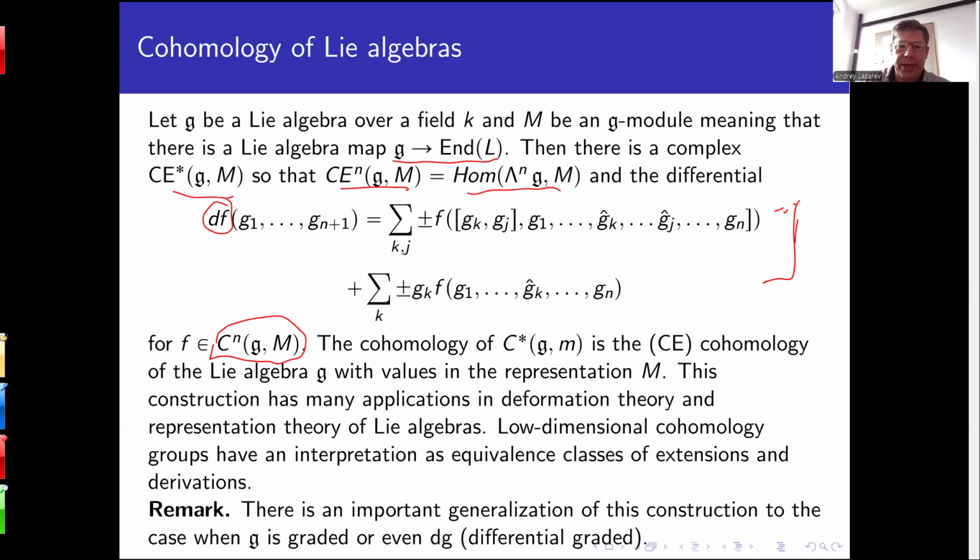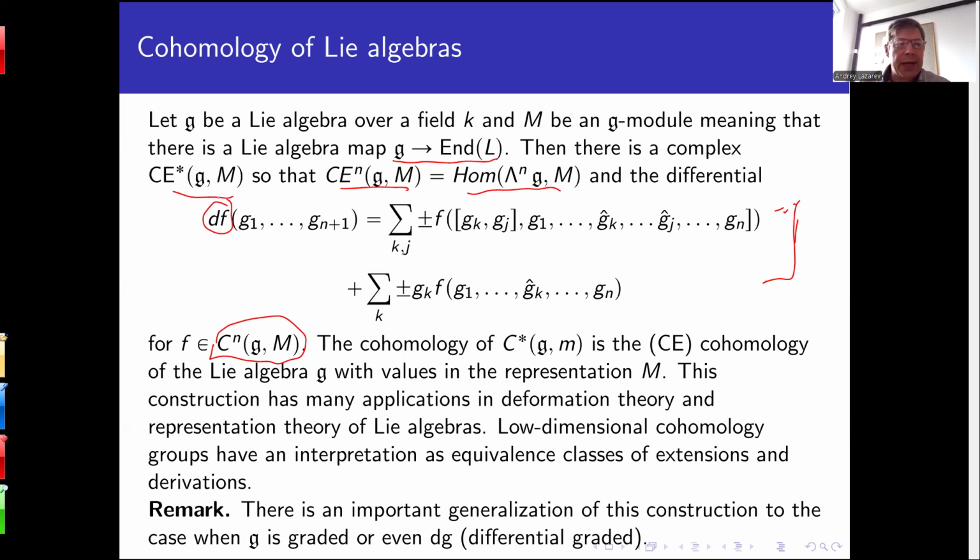It was formulated in the late 40s. And it has many applications in deformation theory and representation theory of Lie algebras. The low-dimensional cohomology groups of this complex have a natural interpretation as equivalence classes of extensions, equivalence classes of infinitesimal deformations, and derivations.